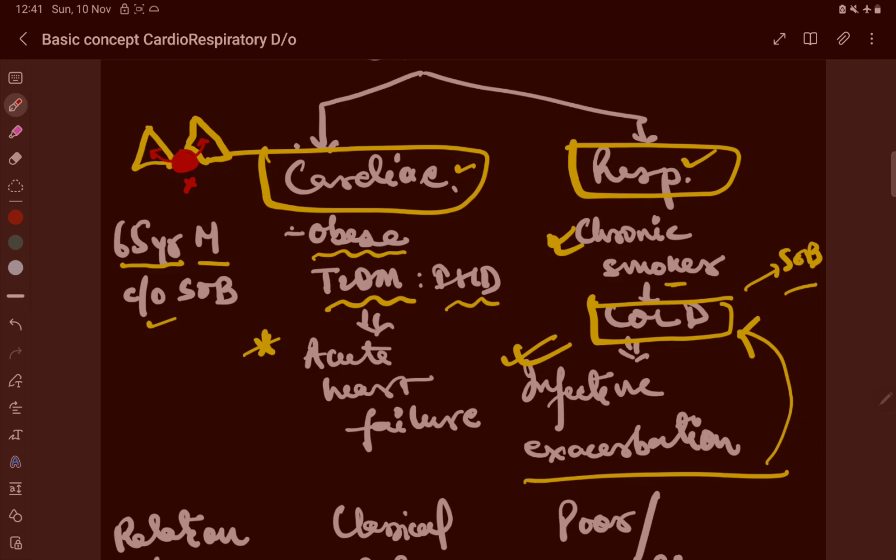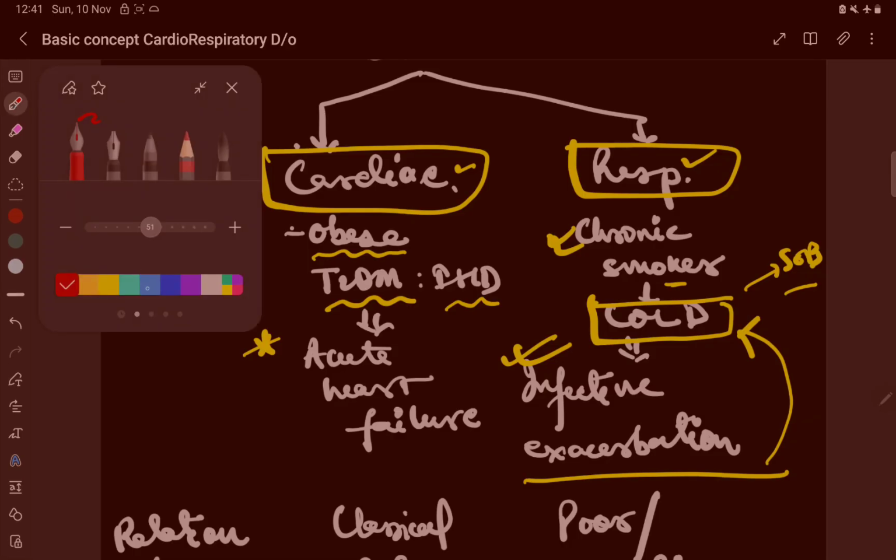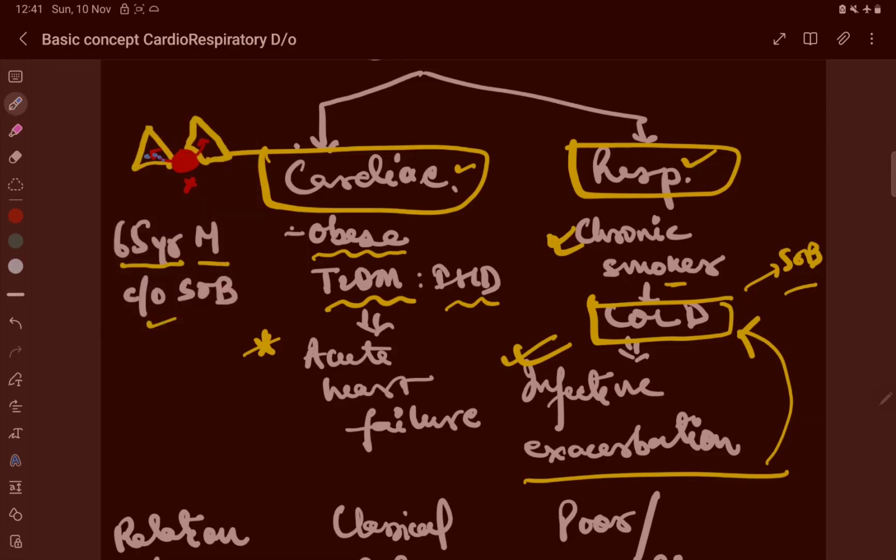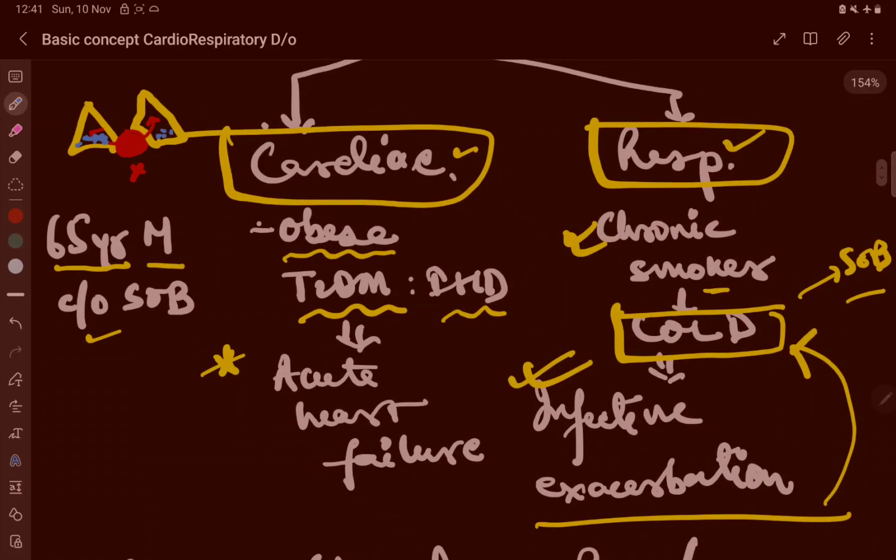When it sends back the blood to the lungs, there is accumulation of fluid in the lungs, which causes the crepitations. So in acute heart failure, there is breathlessness present.